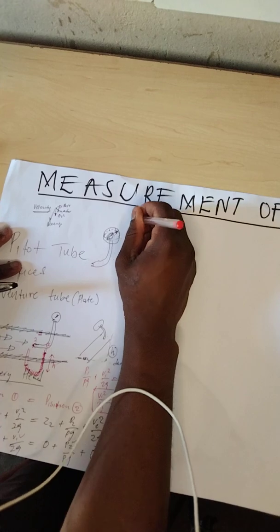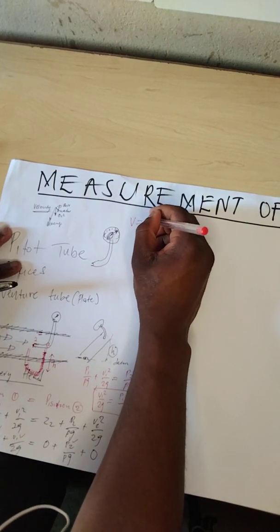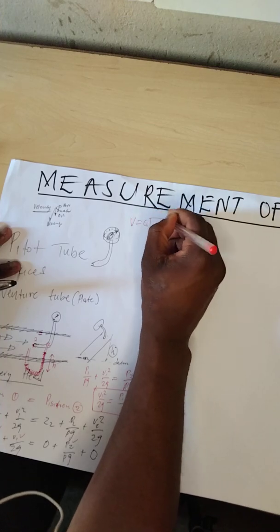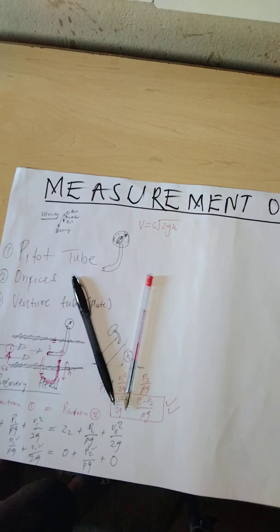The formula is velocity equals C times the square root of 2gh, right? Let me confirm something with you. Okay, this is the velocity we're going to have. That one is very crucial.